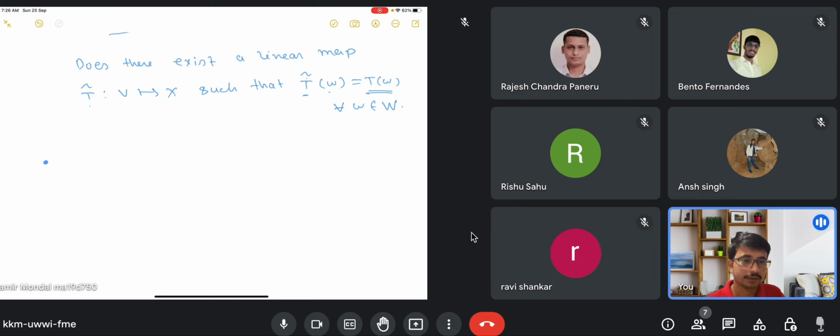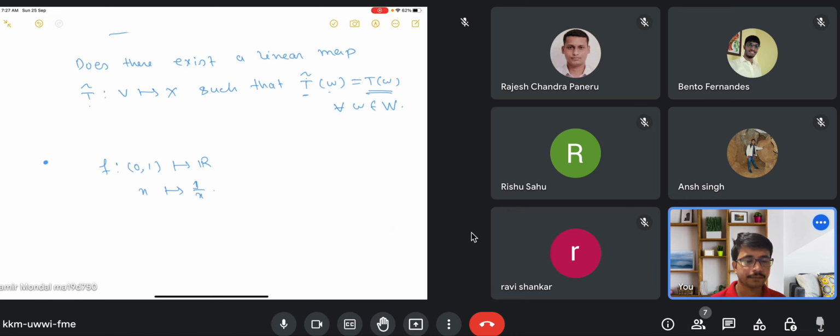Take one function, f of x from (0,1) to R, f(x) = 1/x. Is this function well defined?